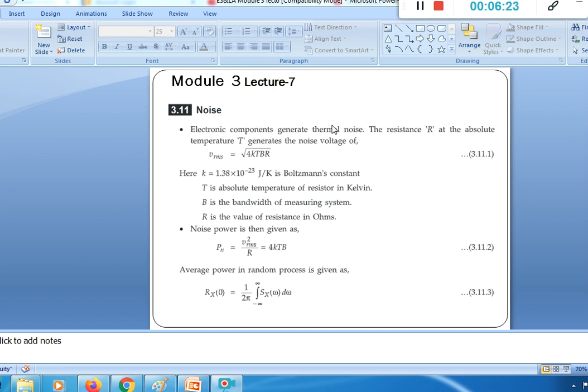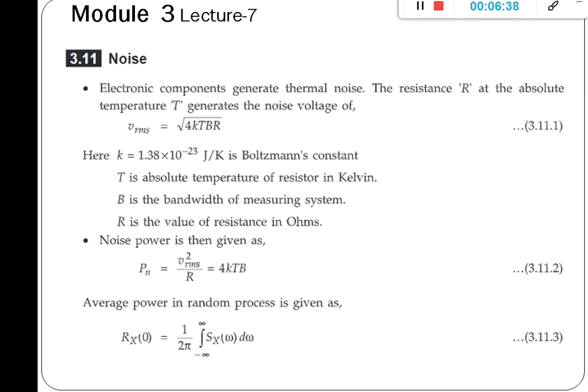The electronic components generate thermal noise. The resistance R at the absolute temperature T generates the noise voltage Vrms equal to the root of 4kTBR, where k is the Boltzmann's constant, T is the absolute temperature in kelvins, B is the bandwidth of the measuring system, and R is the resistance in ohms.